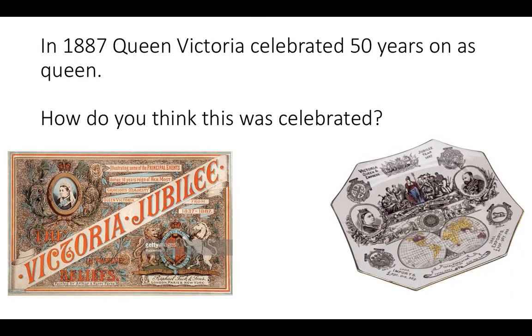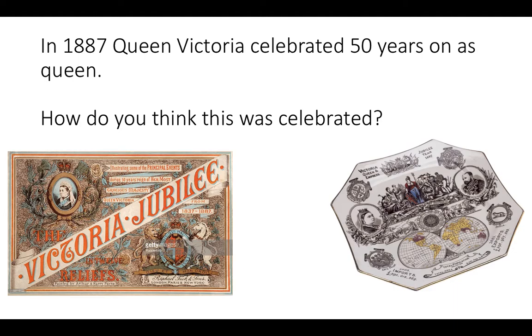So in 1887, Queen Victoria celebrated 50 years as Queen, and the British government used this as a way to celebrate empire. Now, Victoria was seen as the Empress of India. She was seen as the ruler of the largest empire the world's ever seen, the empire that the sun never sets on because it's so large and so expansive. We've got a plate here.